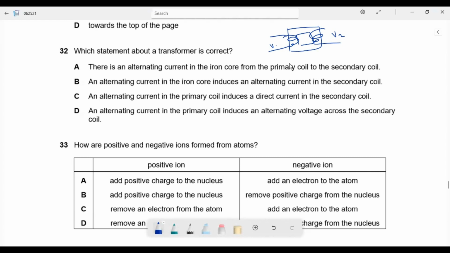So this coil is transferring the energy. So there is nothing to do with this iron core. An alternating current in the primary coil is induced as a direct current in the secondary. That's also wrong. The input of a transformer is AC, alternating current. Output of transformer also is alternating current, AC. And alternating current in the primary coil induces an alternating voltage across the secondary coil. That is the right answer, D.